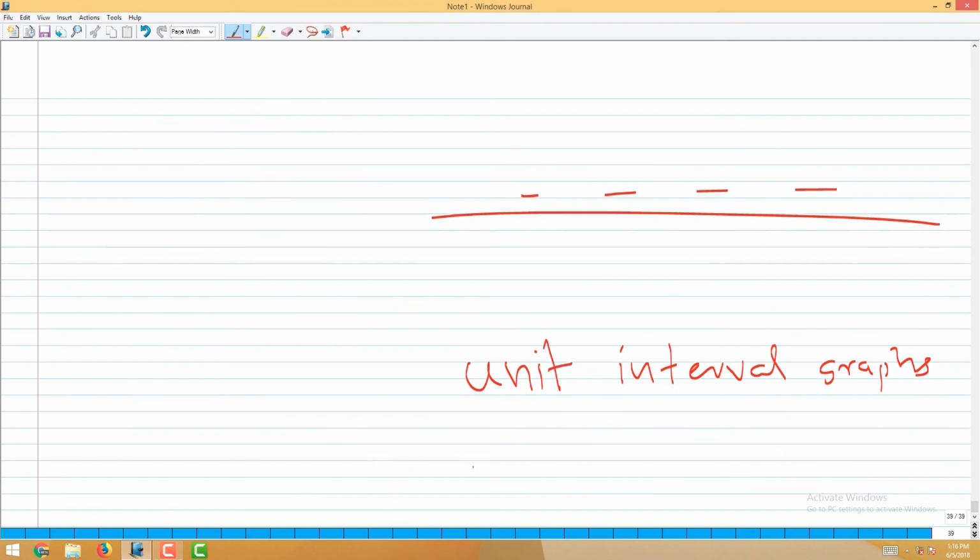You can see that not even this is a unit interval graph. We saw that a star was an interval graph earlier, no? But once we insist that all lengths should be equal, then even this cannot be represented. This is called a claw. Why? Because if you put the central vertex here, you have only 2 endpoints.